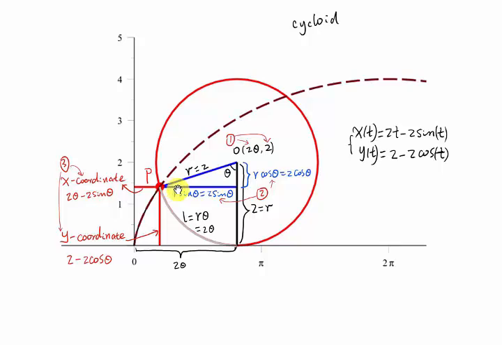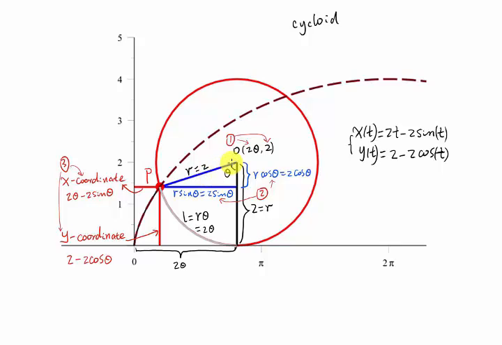So the blue horizontal part is 2 sine theta. And how about this leg from O to the point right here? That will be hypotenuse times cosine theta, r times cosine theta.